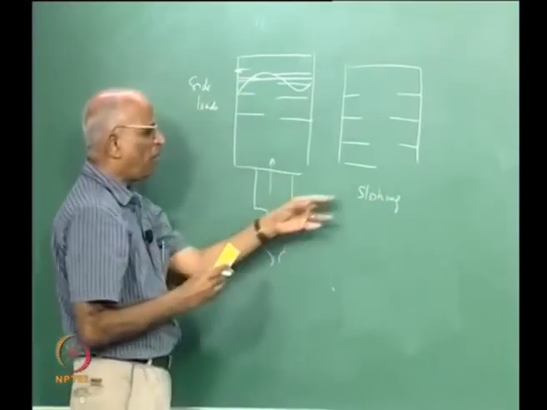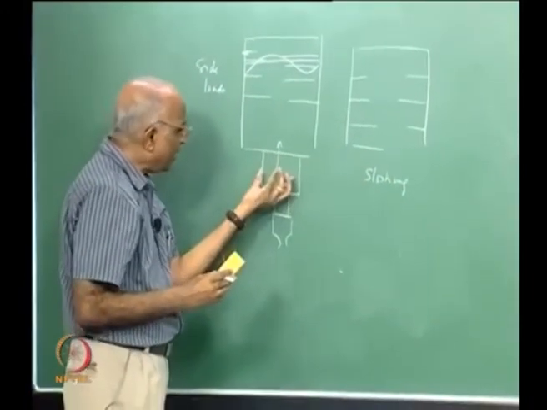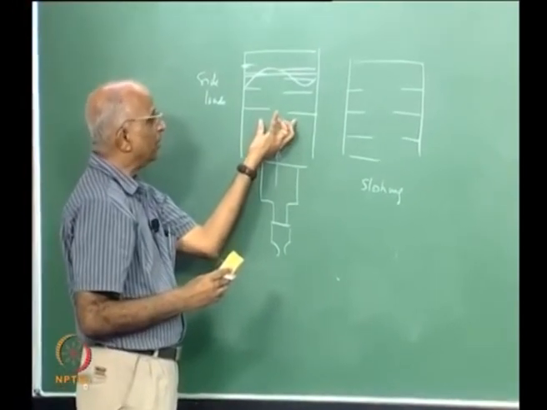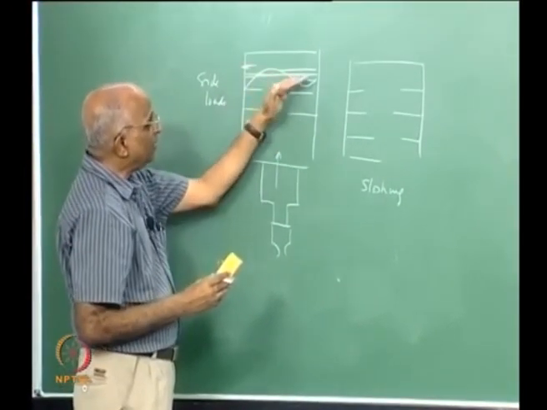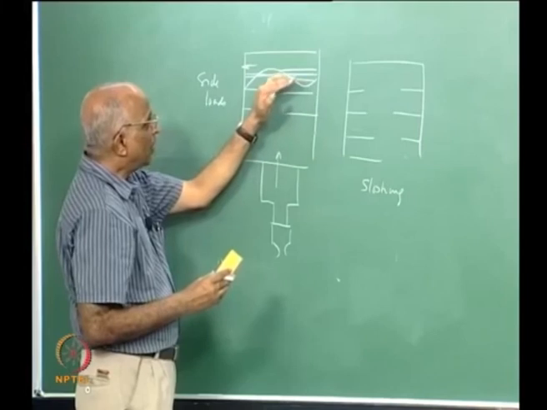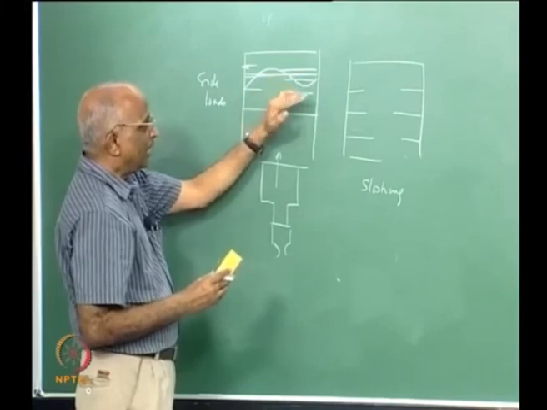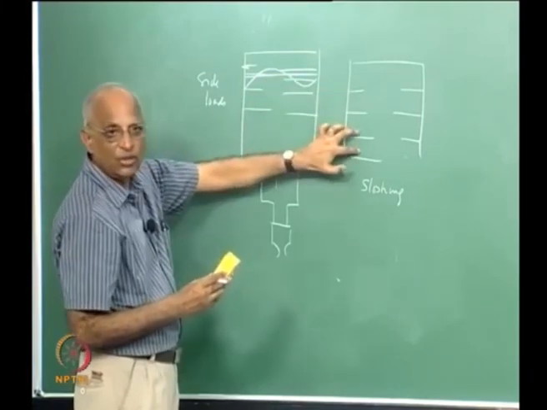Sloshing is not a form of instability, but it is again a concern with a mission, and the reason is the free surface area changes. You would not like these free surface changes, and therefore you put baffles to avoid sloshing.